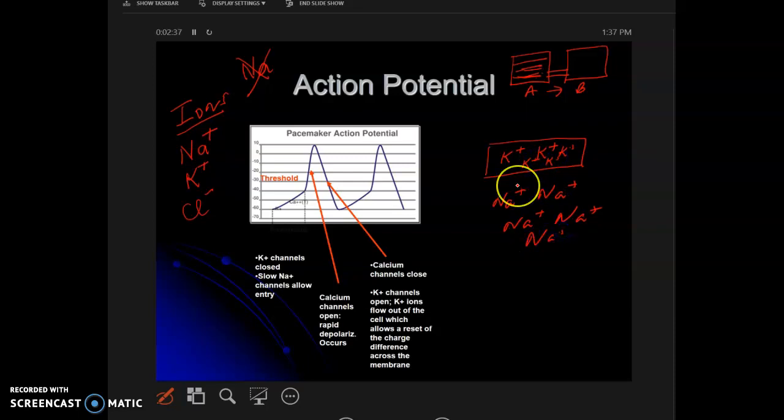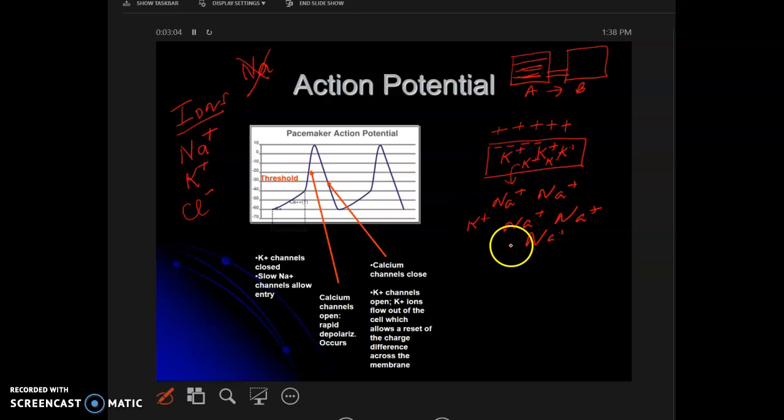So at rest, in a cardiac cell, some potassium leaks out. So potassium is leaking out. What do you notice? There are now how many charges outside? 1, 2, 3, 4, 5, 6. And how many charges inside? 1, 2, 3, 4. So now the outside of the cell is positive and the inside of the cell is negative.